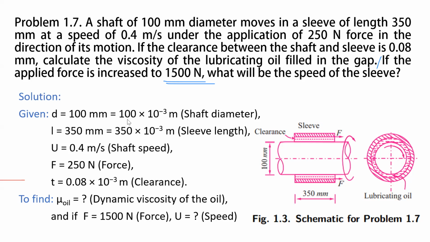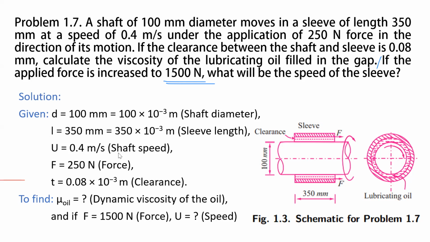Now it is in millimeter, convert it into meter. So for that, 100 into 10 to the power of -3 meter, that is shaft diameter. Next, L, 350 millimeter, that is 350 into 10 to the power of -3 meter, sleeve length. Next, U, 0.4 meter per second, that is shaft speed.